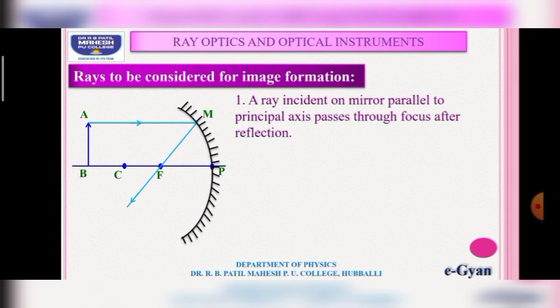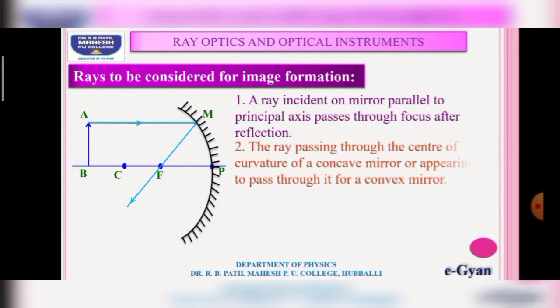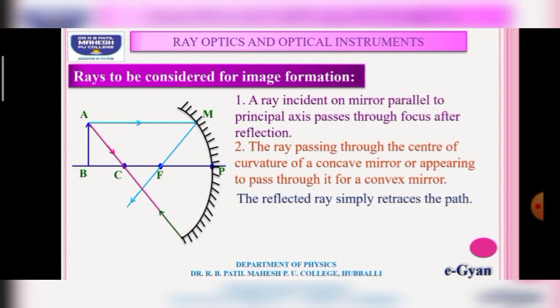The second ray passes through the center of curvature, for a concave mirror, or appears to pass through it for a convex mirror. This is the second ray I am considering. It passes through the center of curvature of the mirror, and after reflection it retraces its path. It moves in the same path but in the opposite direction.